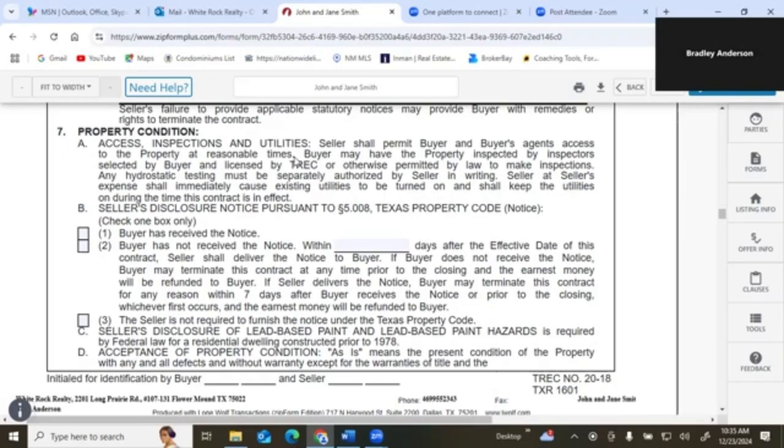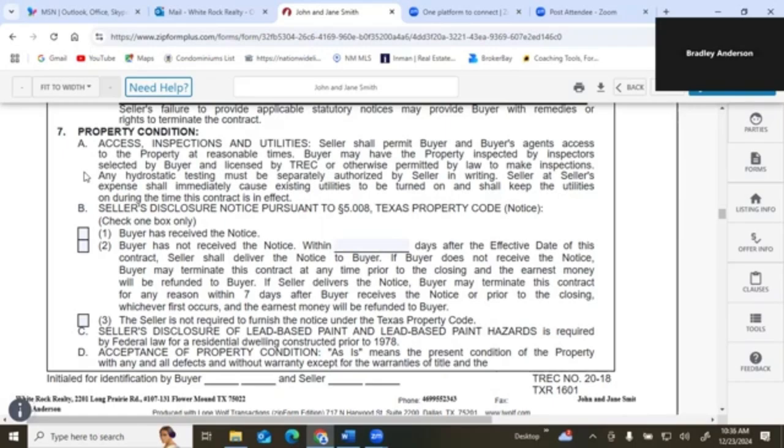Buyer may have the property inspected by inspectors selected by the buyer and licensed by TREC or otherwise permitted by law to make inspections. Okay, so seller can't just say, well, I don't want anybody rooting around my house. Doesn't matter. You agreed to it here in this paragraph. Any hydrostatic testing must be separately authorized by seller in writing.